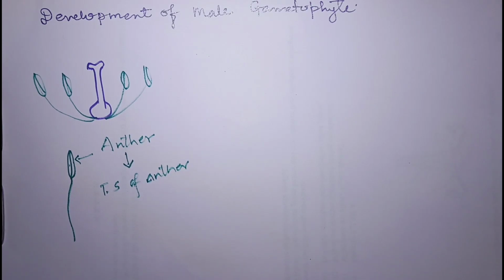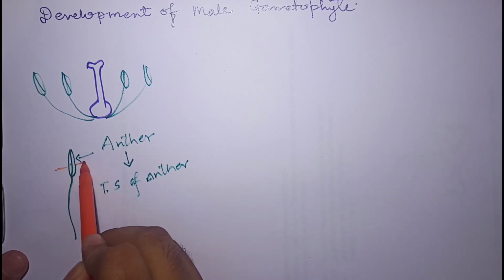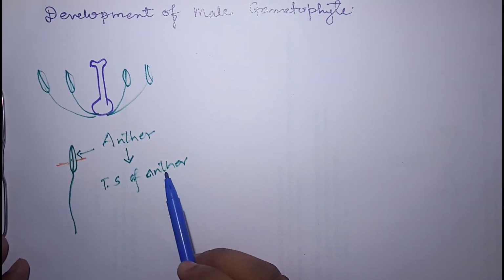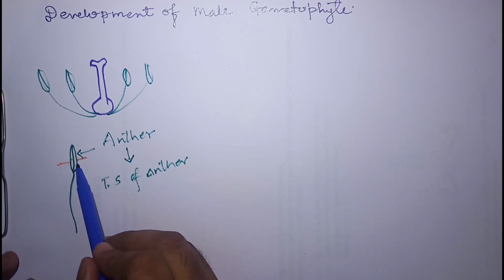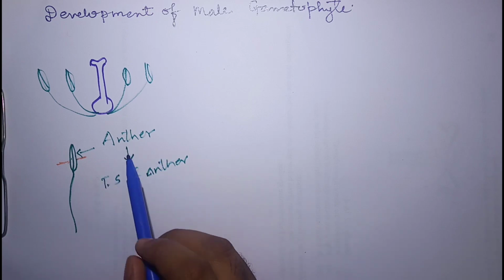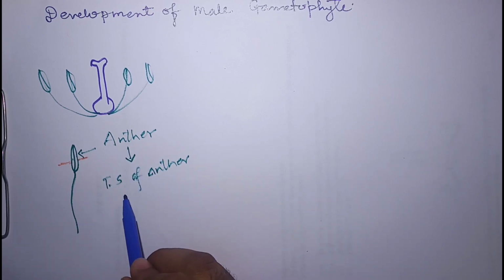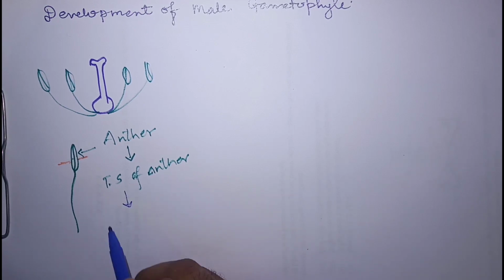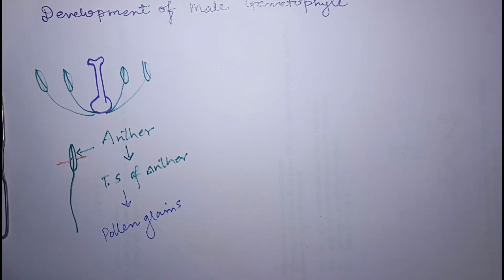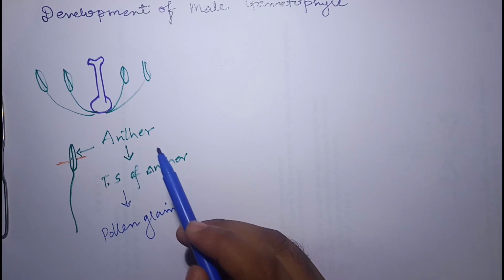We'll take a cross section, like we'll divide it, if we cut it like this. When we cut this anther, you will see anther has 2 lobes, right? And in anther, pollen grains are formed. Here we are going to study how these pollen grains are formed in the anther.